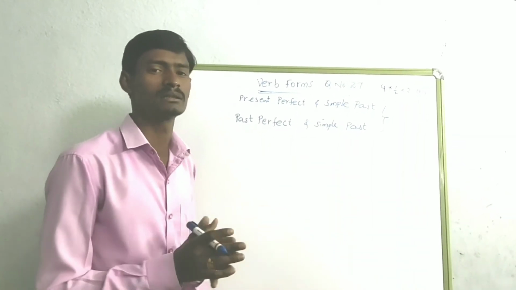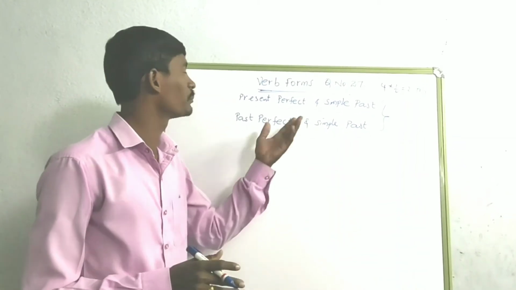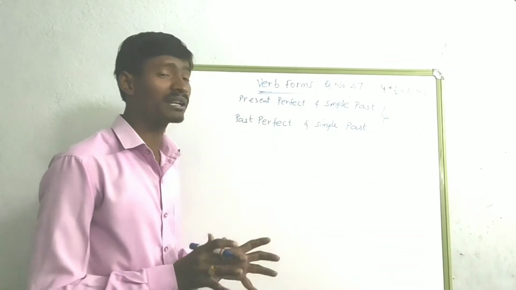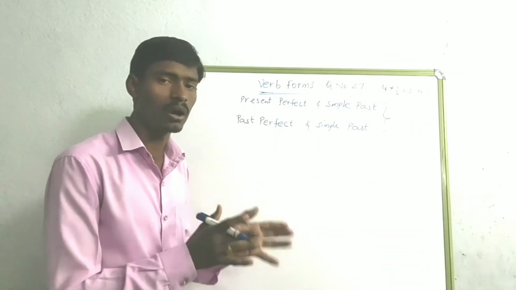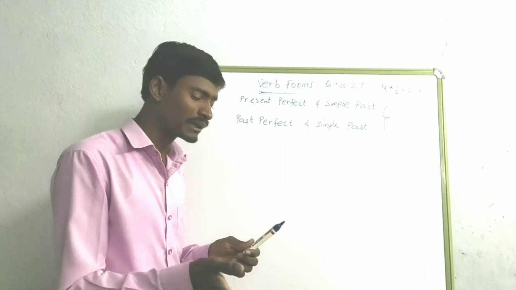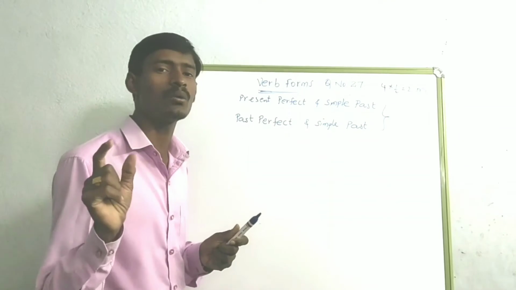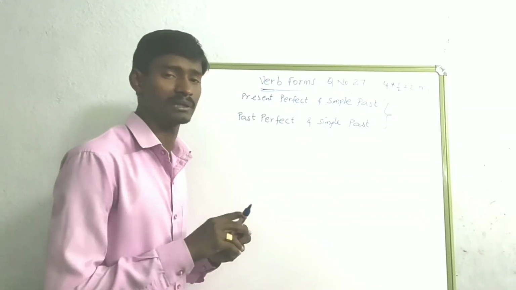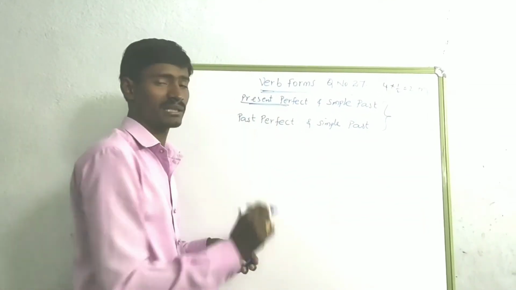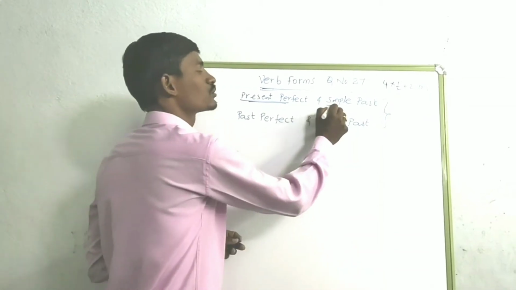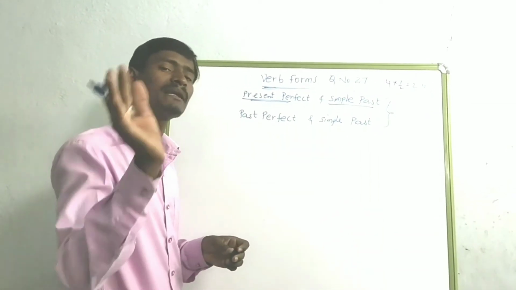Present perfect is primarily used to talk about work that has been completed just now, or simply to say, to speak about just now completed actions in the present. Simple past is used to talk about works that were completed in the past.